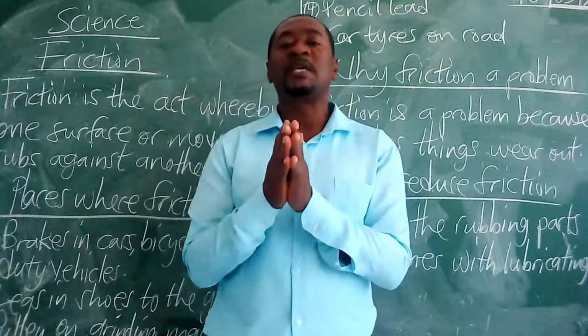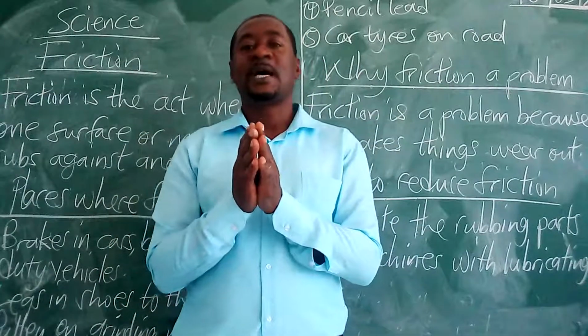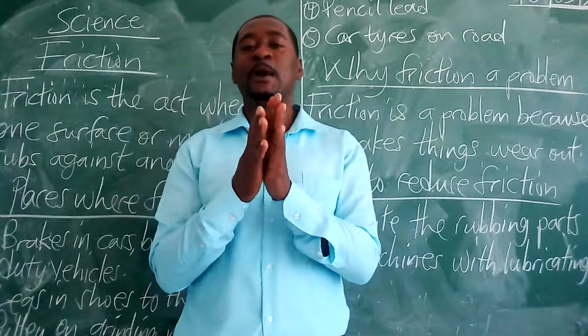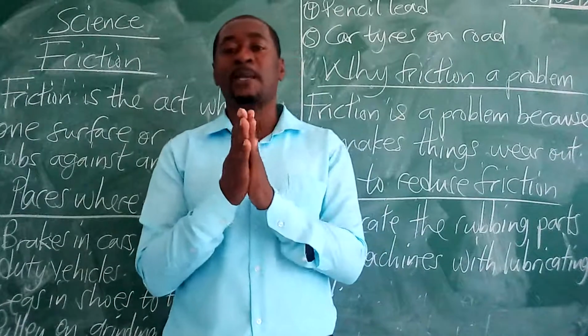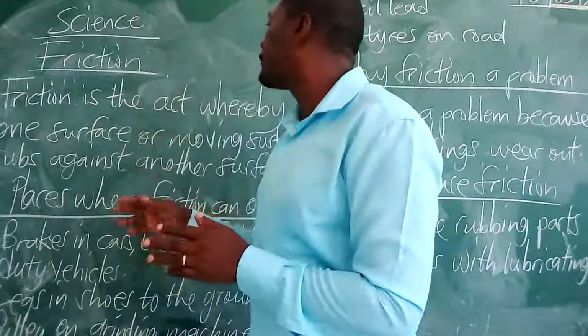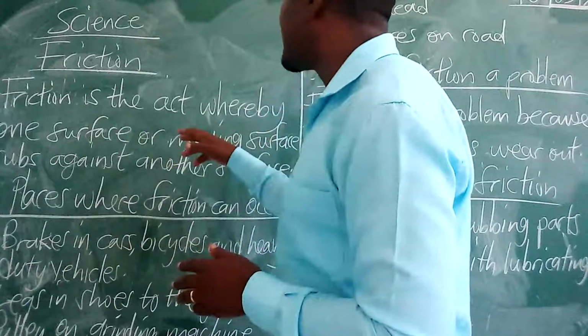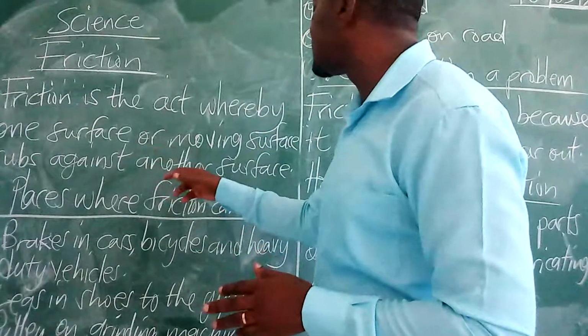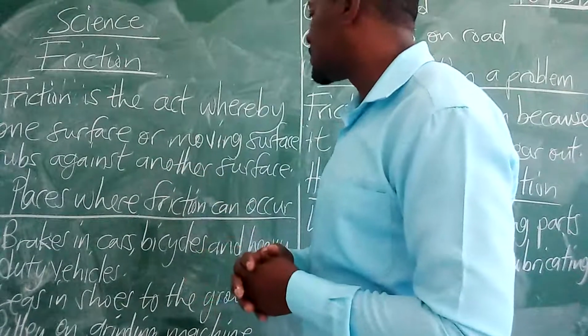So you have to change the parts. That's what friction does. But when the things are able to rub each other well, the machine works well.